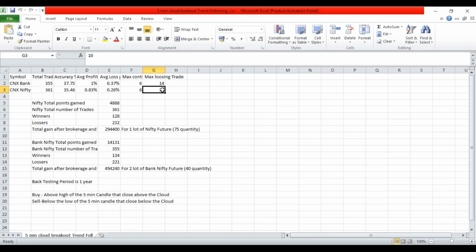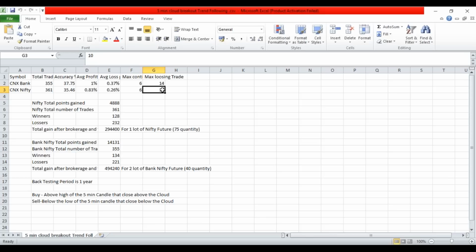But what I believe, if one trades one or two lots, let's say you have 3 lakh in the account, just trade one lot of Nifty, which requires around 1 or 1.2 lakh of margin, and keep 1.8 lakh as a buffer and trade this strategy, because that buffer money can be used during a drawdown. And when your strategy starts building money for you, you can use the same profit during the drawdown.